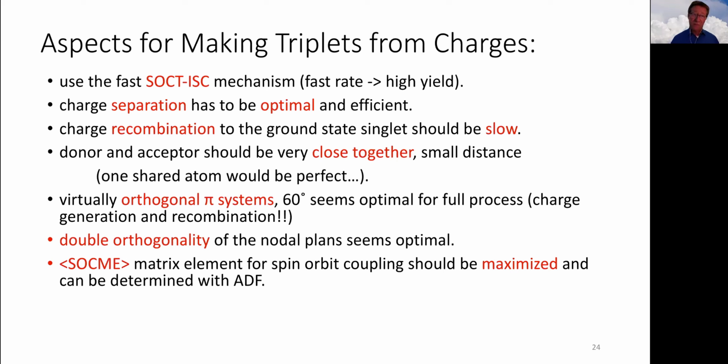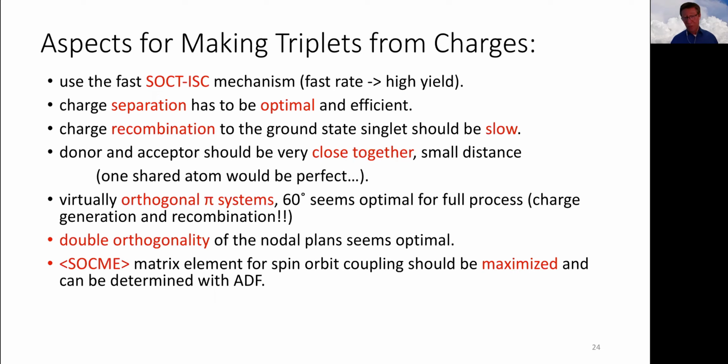Of course, for a start, the charge generation has to be optimal and efficient, otherwise you don't have enough precursor. Also, this whole process is mixed into a Marcus theory picture of electron transfer. So also the charge recombination to the ground state is a competitive process, so that should be slow.